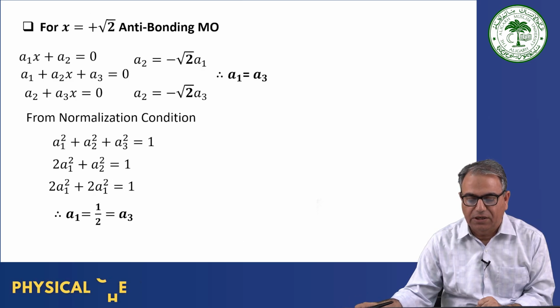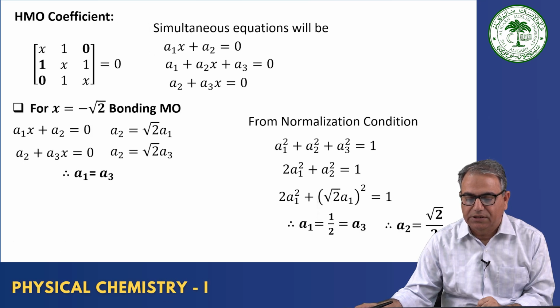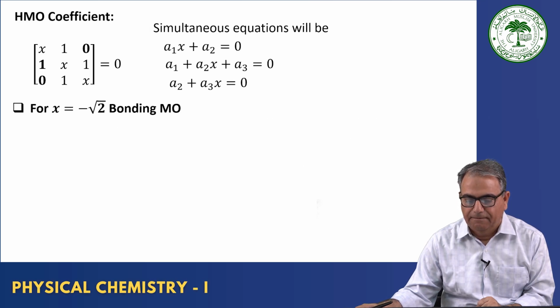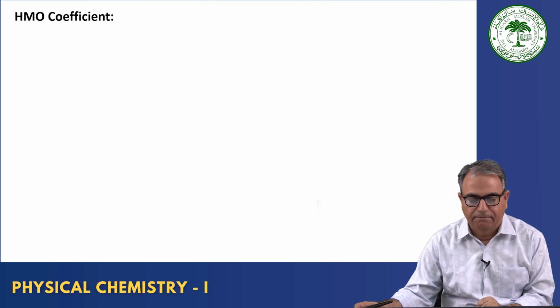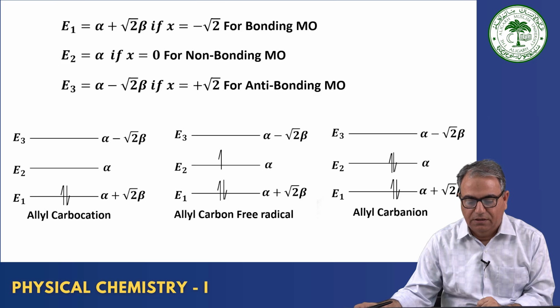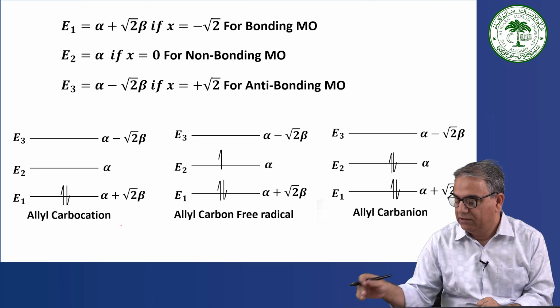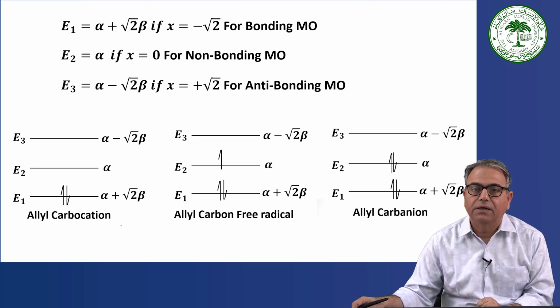If I go back to the energy level diagram, this was the energy of the system. So you have alpha plus root 2 beta, alpha, and alpha minus root 2 beta as the three energy levels.